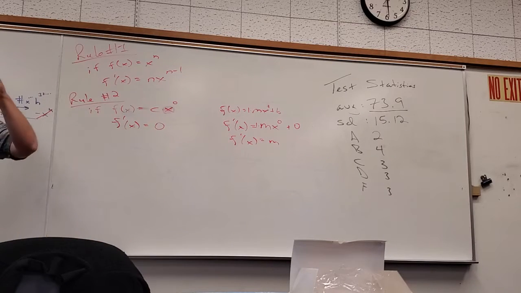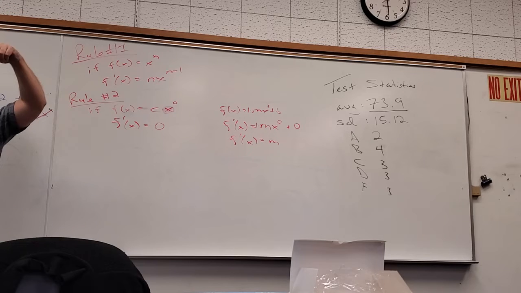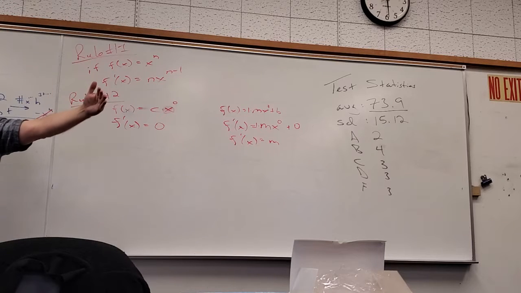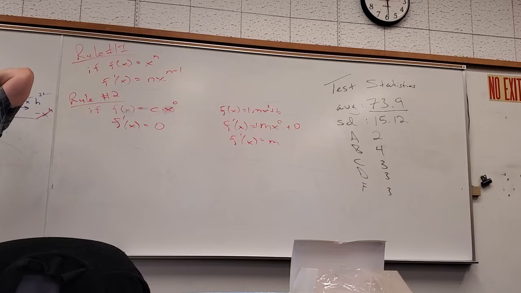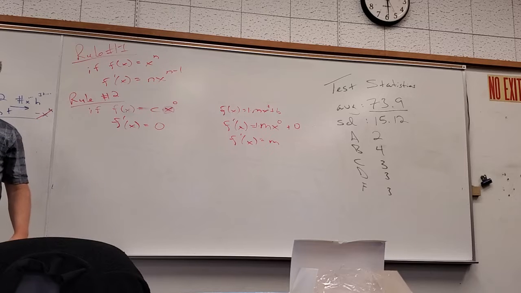Since derivative is just slope, it has to match up with what we did before. Otherwise, we got to throw it all out. Okay, I like it. I know the slope of mx plus b is m. Therefore, the derivative must be m.